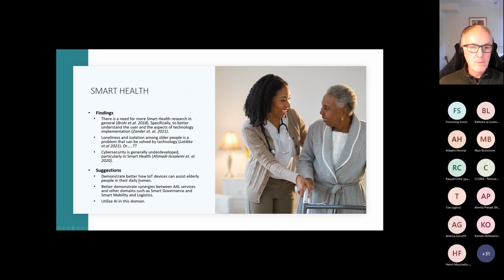We should try to demonstrate the synergies also between ambient assisted living services and other domains. For instance, smart governance and smart mobility and logistics. And this is because elderly people, they also need transport.